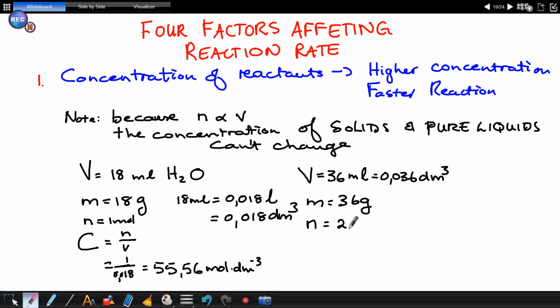You'll have 2 moles of water. So what will the concentration of 2 moles of water be? It will be 2 divided by 0.036, which is exactly 55.555 into eternity, which we have rounded to 55.56 mole per cubic decimeter.